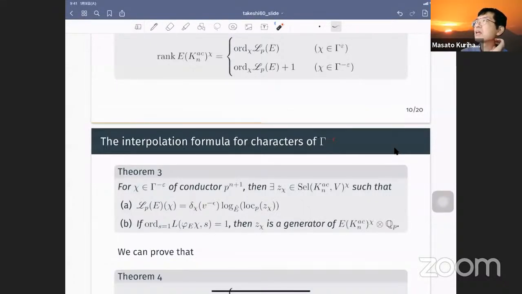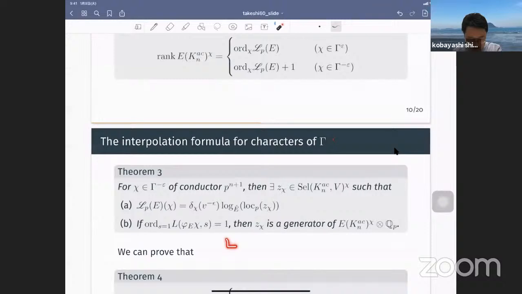My question is about some kind of geometric objects. In my case, we use auxiliary Heegner points, but there is no canonical choice of Heegner point. For example, to show this, I used a Heegner point.